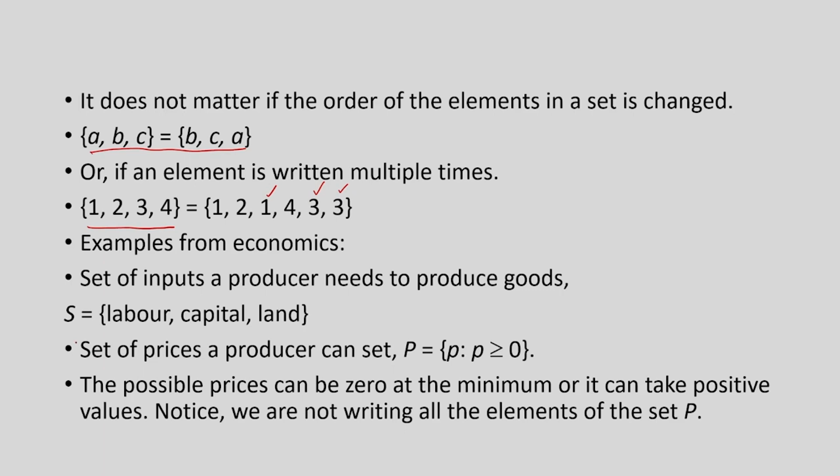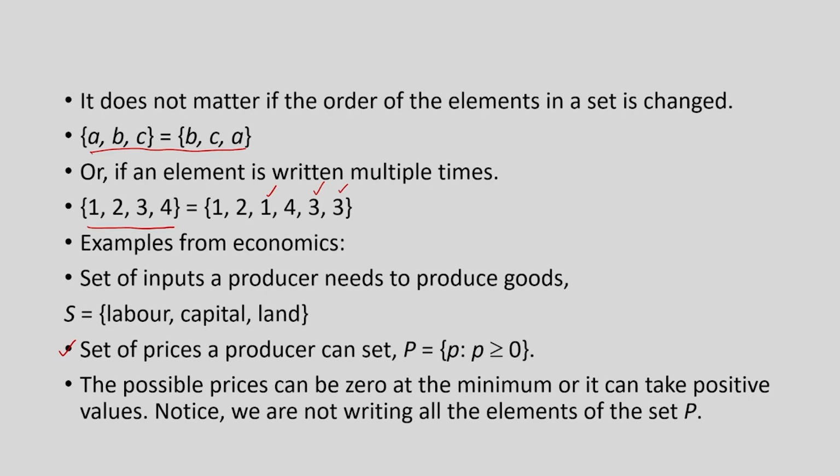Another slightly different kind of example is the set of prices a producer can set. All possible prices a producer can set. What does a producer do? A producer produces goods and sells the goods in the market. Now, this capital P is the set of prices.